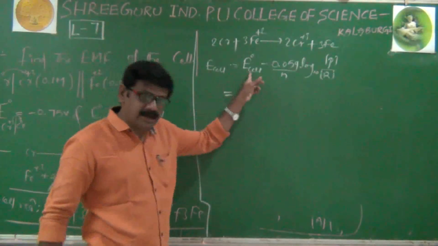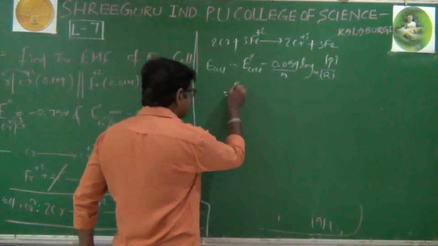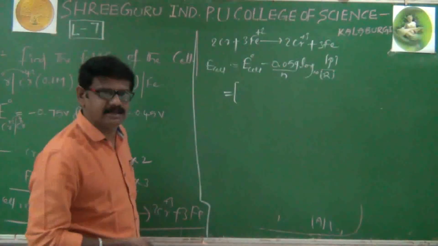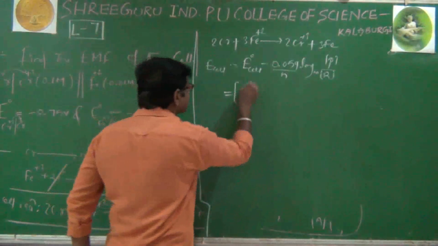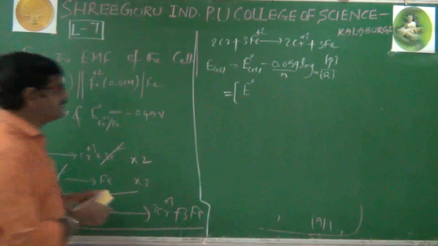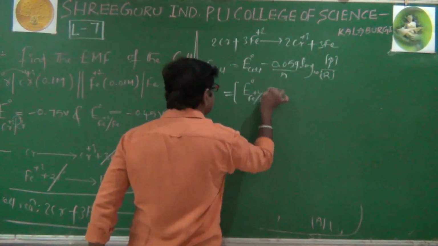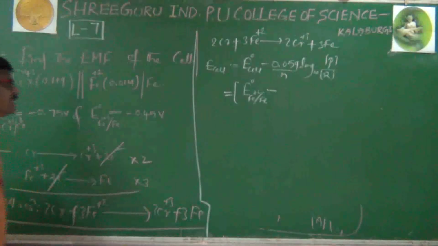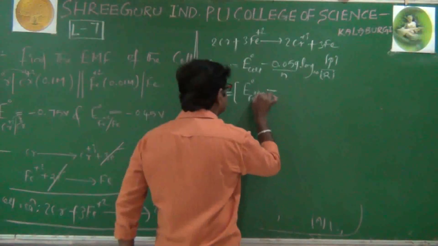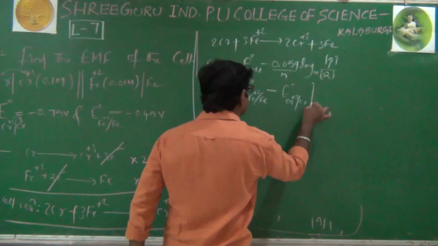First E naught cell value we have to calculate. For that purpose, we will write like this: E naught cell is nothing but E naught cathode minus E naught anode. That's why E naught cathode. Here which is cathode? Iron is cathode. That's why E naught Fe plus 2 oblique Fe minus E naught anode. Here chromium is anode. E naught Cr plus 3 oblique Cr.